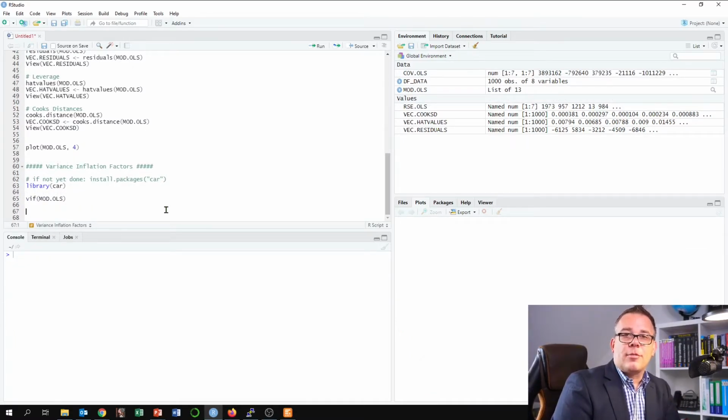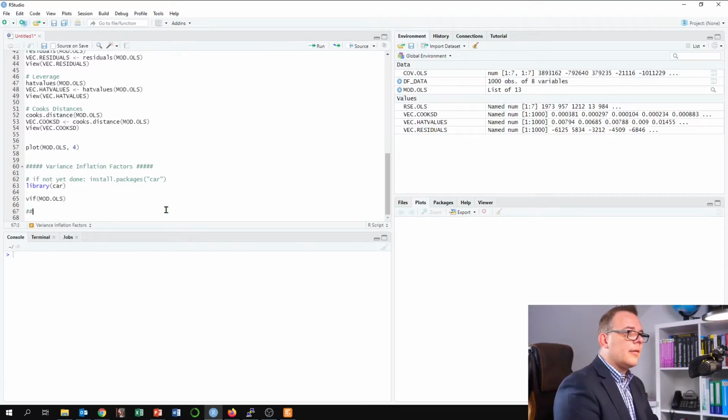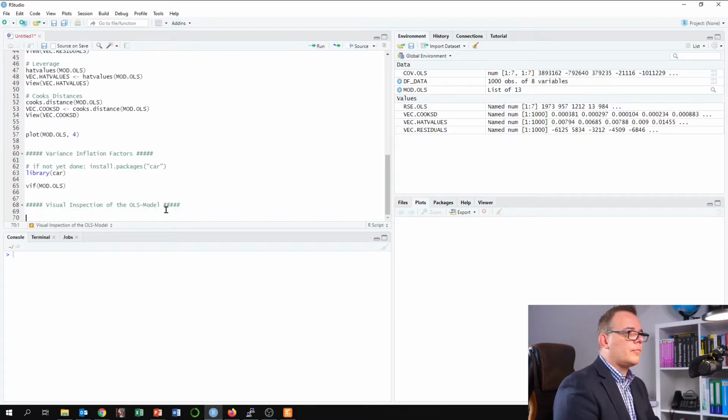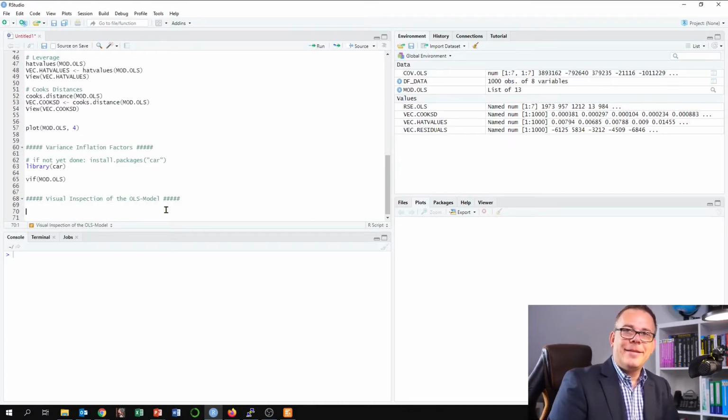The next topic on my list is to make a visual inspection of our regression model. And it is extremely easy, so there's a simple command, and that's the plot command.